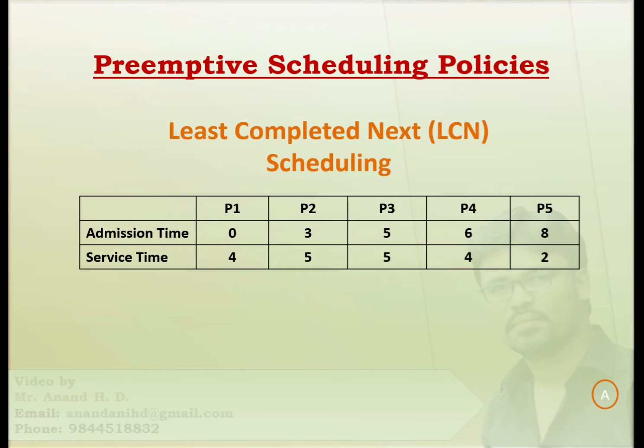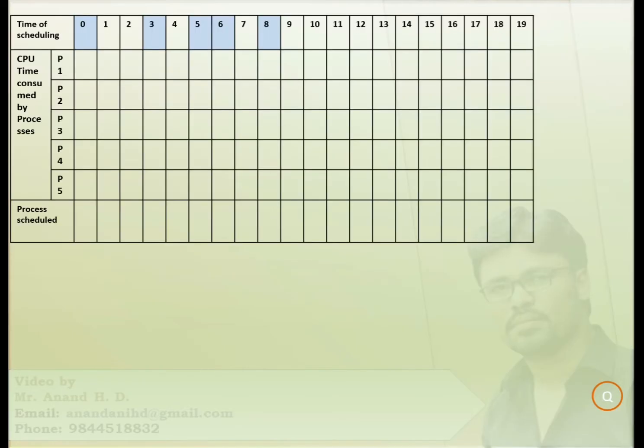With this understanding, now let us start scheduling these 5 processes, for which we shall consider a table wherein row 1 shows the time of scheduling and following 5 rows show the amount of CPU time already consumed by the process P1, P2, P3, P4 and P5 respectively.